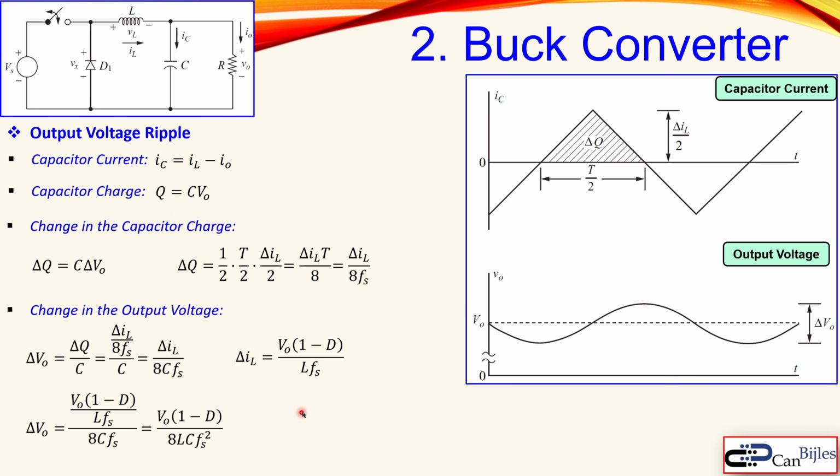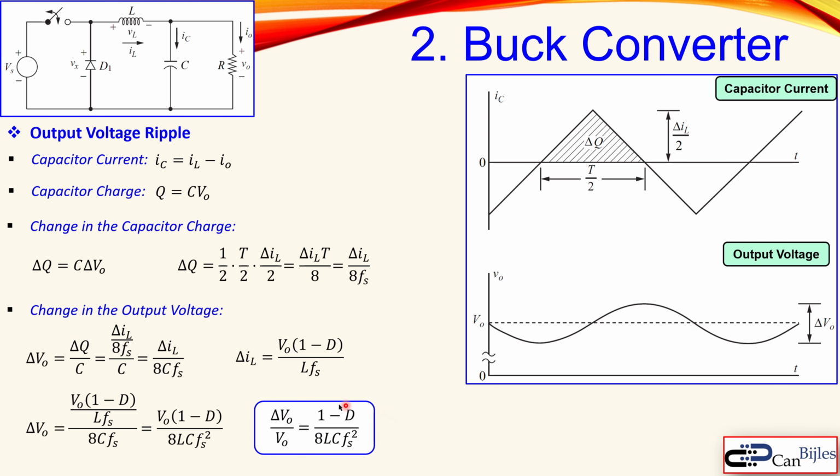Now, simplifying this form, you get VO times 1 minus D over 8 times L C switching frequency squared. So your delta VO, your peak output voltage ripple, is determined by your duty cycle, the output voltage you want, your inductor value, your capacitor value, and also your switching frequency squared. These are the parameters that will affect your output voltage ripple.